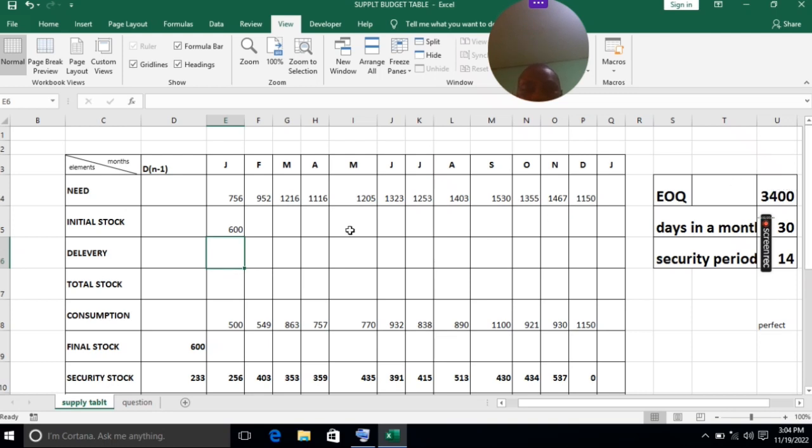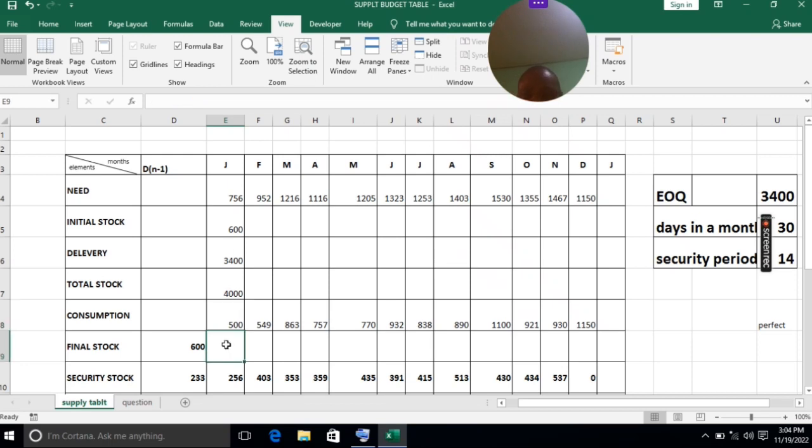This is 3,400 units, so we are going to receive 3,400. Each time we are to receive stock is the economic order quantity. So our total stock now is equal to initial stock plus delivery, which is equal to 4,000 units.